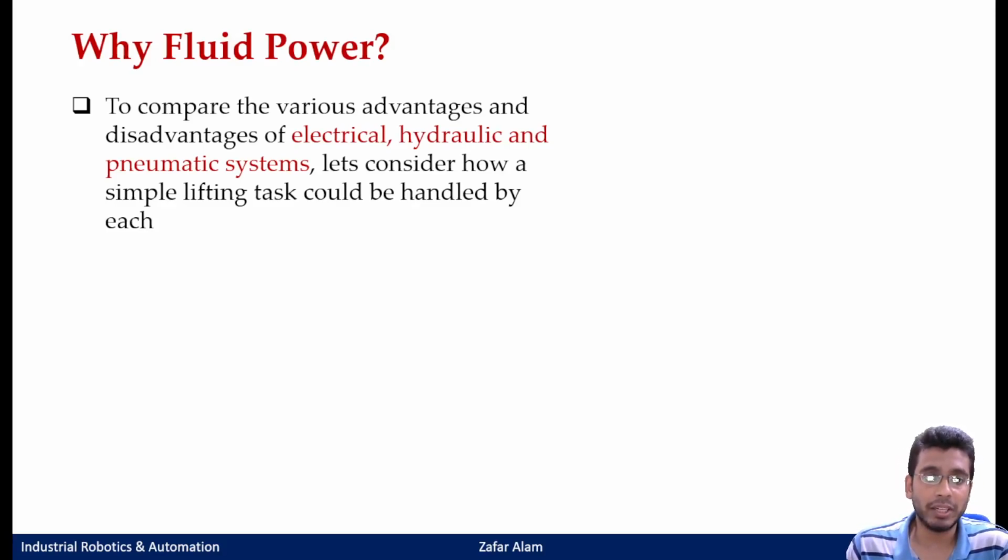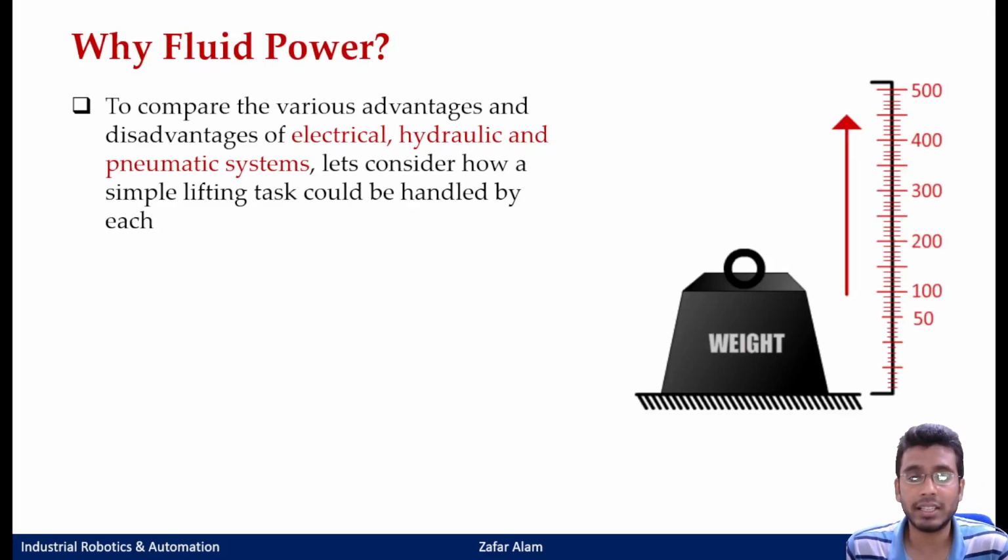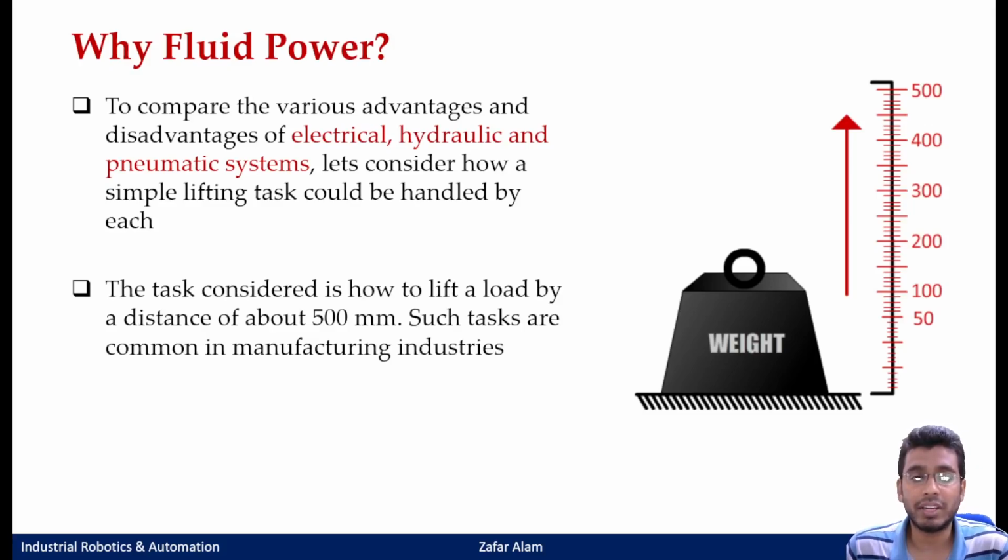So again, let us take the same example that can be flashed at the right side of your screen. You have a weight, and that weight is to be lifted to a height of 500 mm. These tasks are very common in the manufacturing industries, and even if you go to other industries, lifting of load is very common.